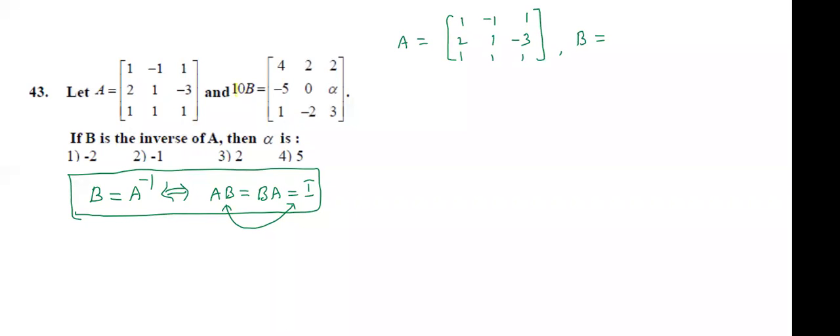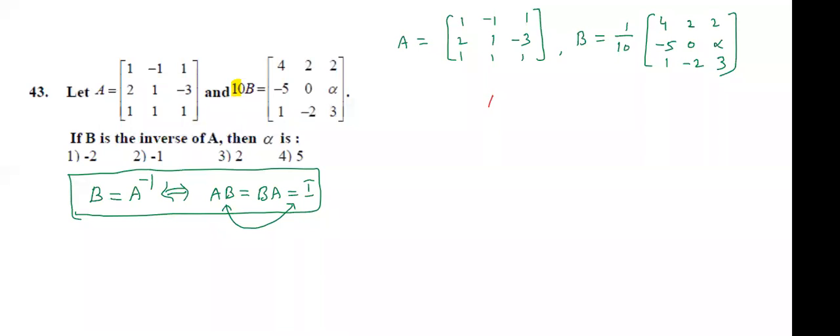Here the extra 10 goes to the right hand side. 1 by 10 into the B matrix: 4, 2, 2; minus 5, 0, alpha; 1, minus 2, 3. This is the B matrix.